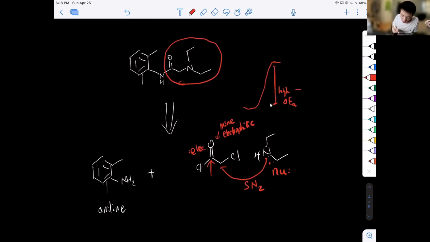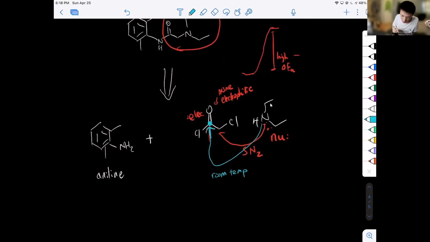And this reacts with the carbonyl center really nicely at room temperature. And if we do that, we will actually synthesize this, which will be protonated.